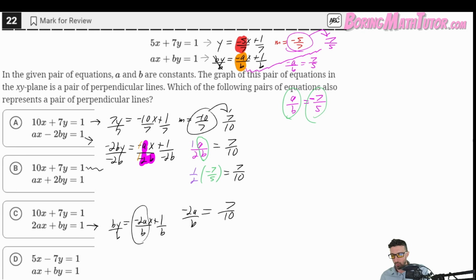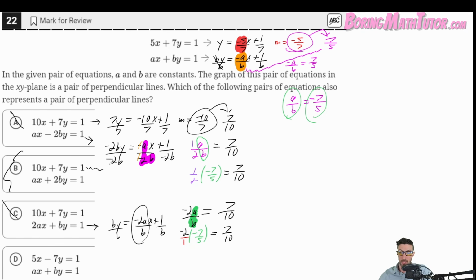Well, we're once again going to replace the a over b with negative 7/5. Now when I multiply that by negative 2, will that come out to 7/10? No. If you put this one over 1, it will not. It will not do that for you. Okay, so that means it's not this one either. And we already got rid of this one.